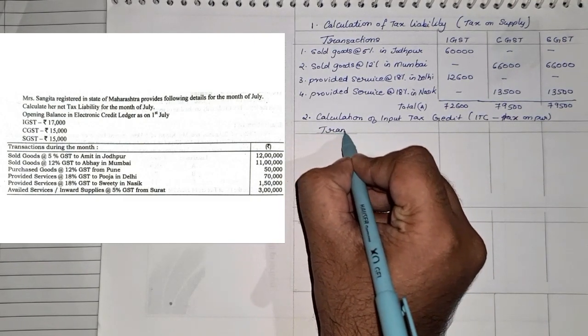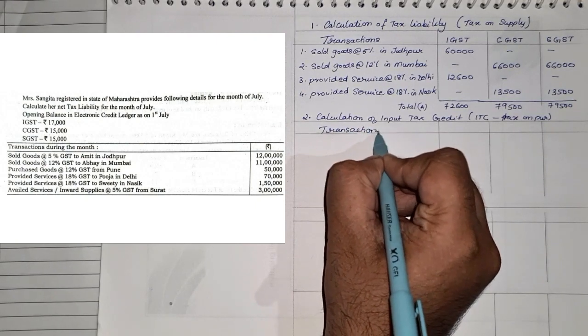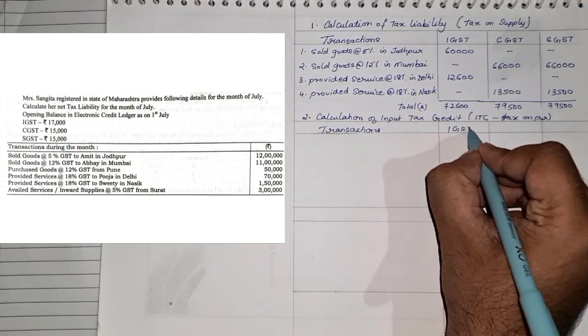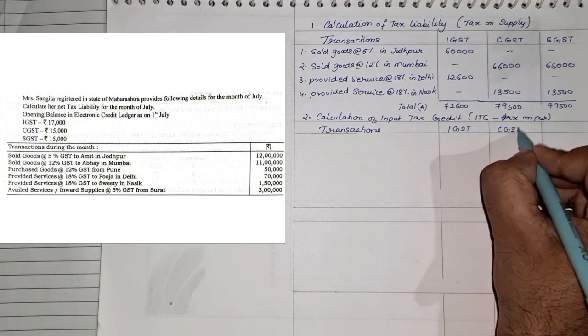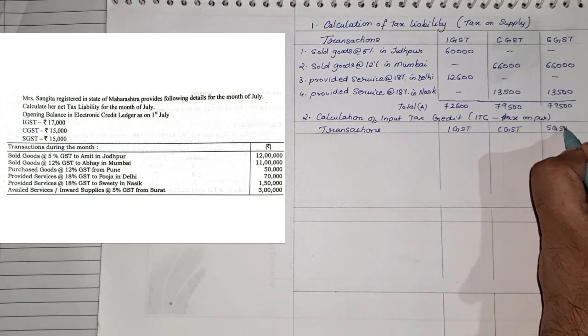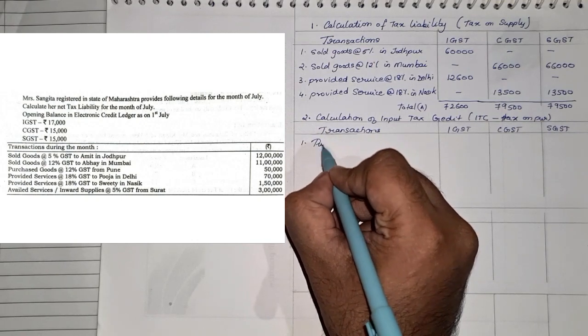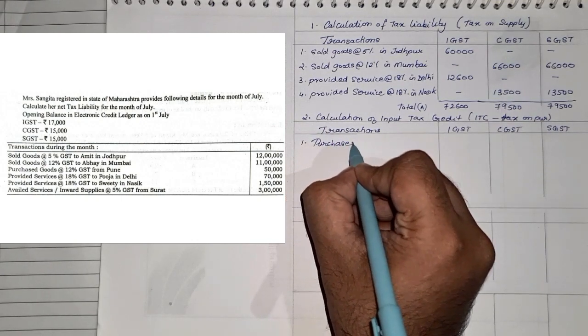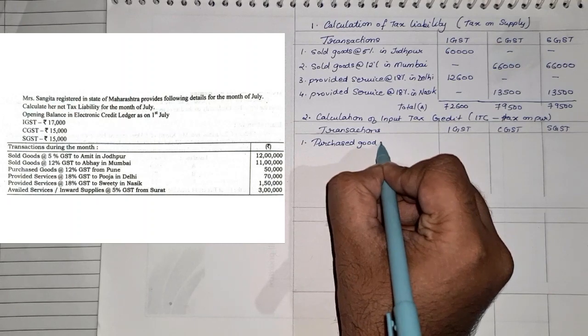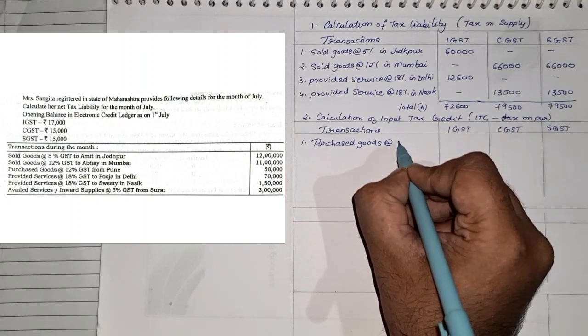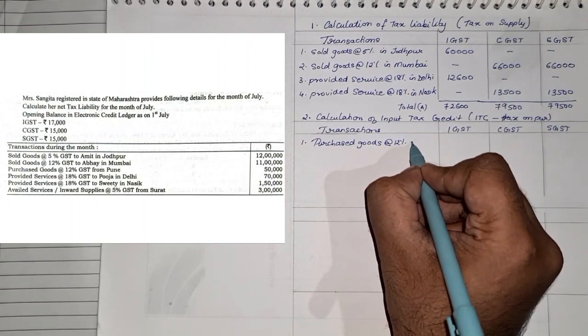Again, we'll have transactions, IGST, CGST and SGST. Number 1, we have purchase goods at the rate of 12% in Mumbai.